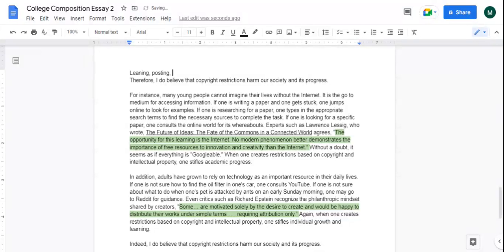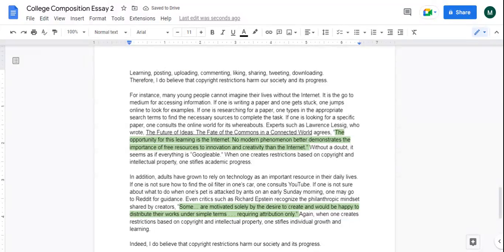Learning, posting, uploading, commenting, liking, sharing, tweeting, downloading, emailing.